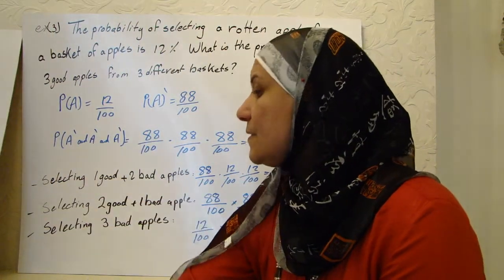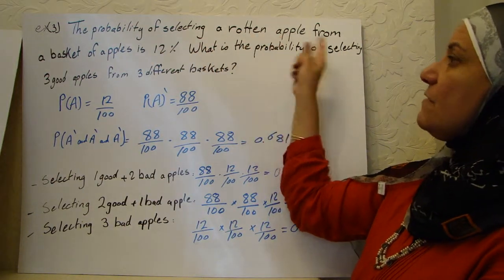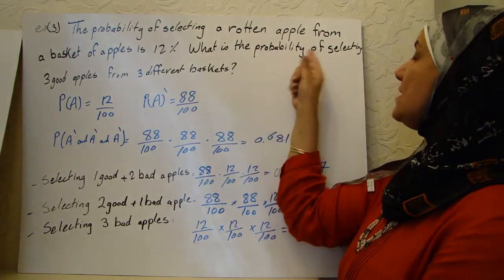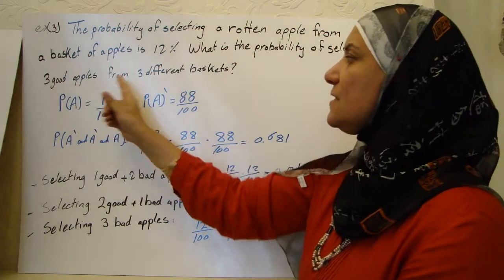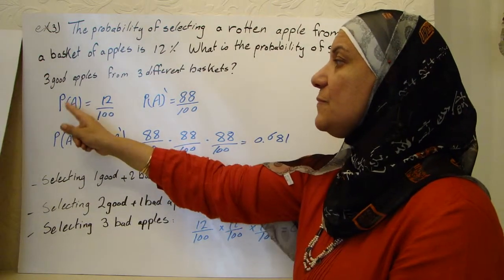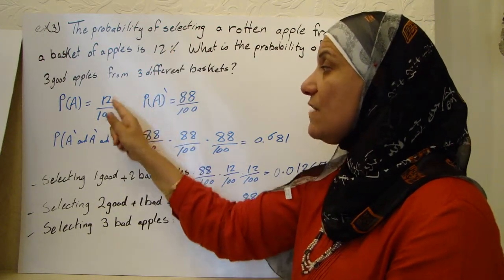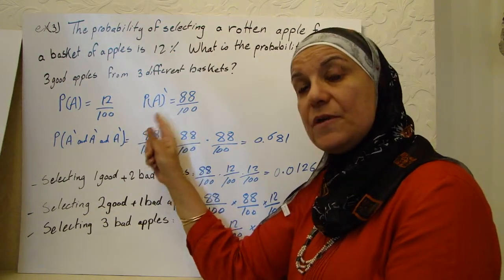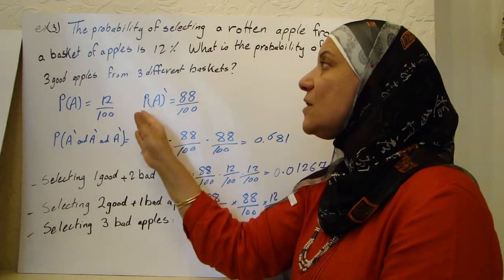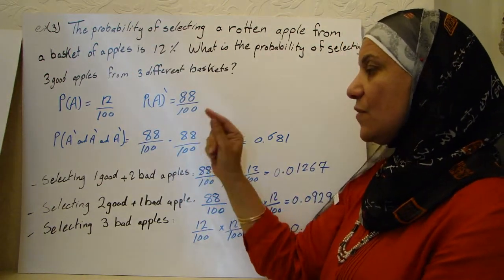Now, the probability of selecting a rotten apple from a basket of apples is 12%. What is the probability of selecting 3 good apples from 3 different baskets? First, I'm going to get the probability of having the rotten apples, which is 12 over 100. Remember, P complement, or P complement A, which means that the rest of the apples which are not rotten, which is 88 over 100.